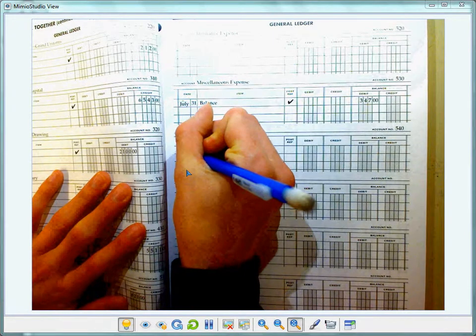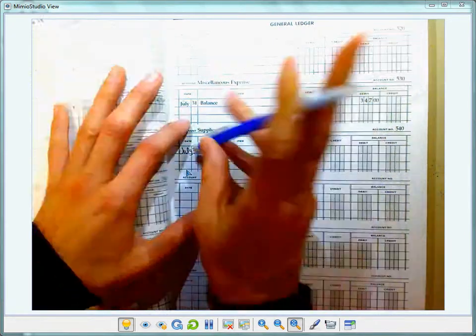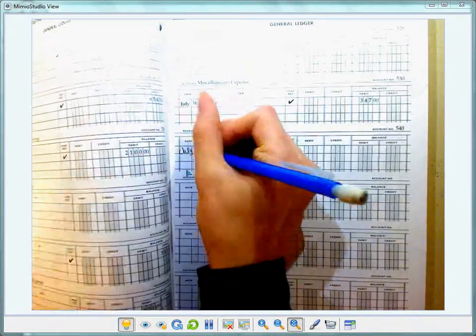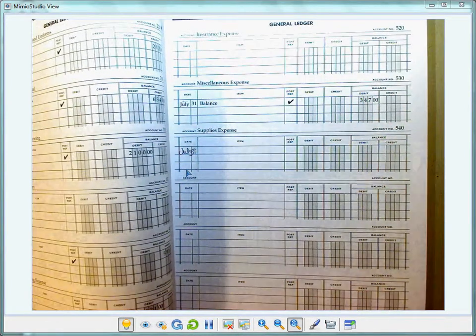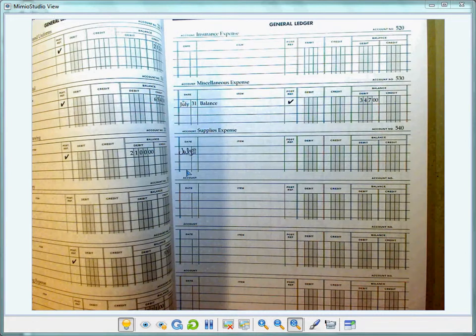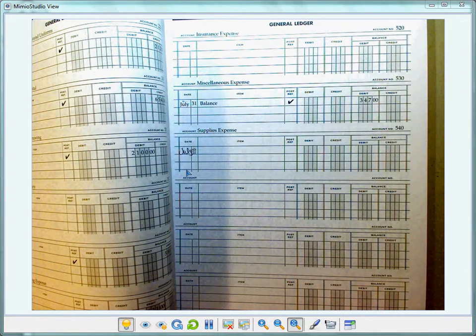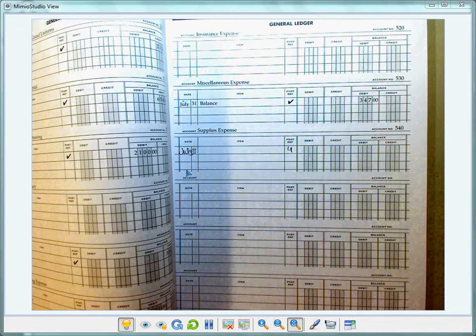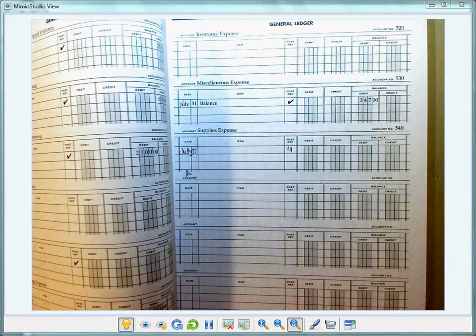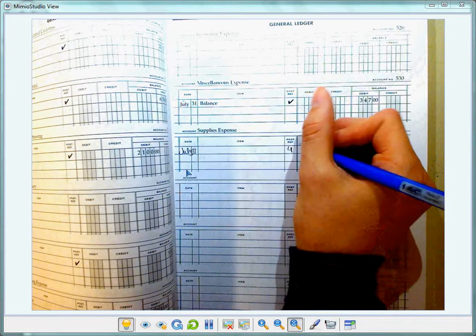Our date is July 31st. Our post reference is just whatever our journal page number was. So we're just going to put a number 4 in here. We were on page 4 of the journal. And it is a debit of $713.